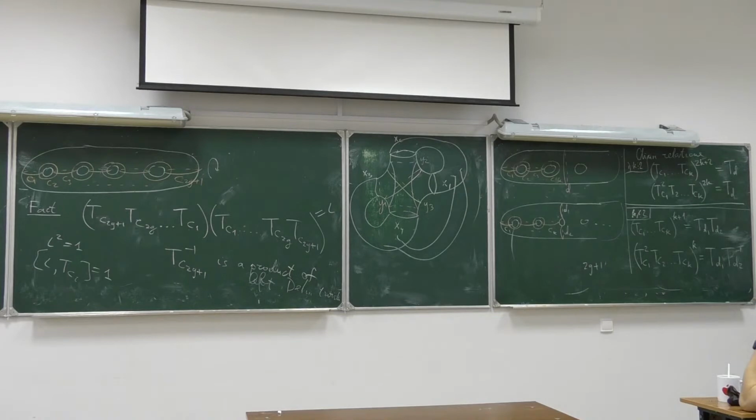So all Dehn twists about non-separating curves are conjugate to each other, and they generate the group. But surprisingly, each of them is a (2g+1)-th power of some element. So there are generators, but these generators are all powers.